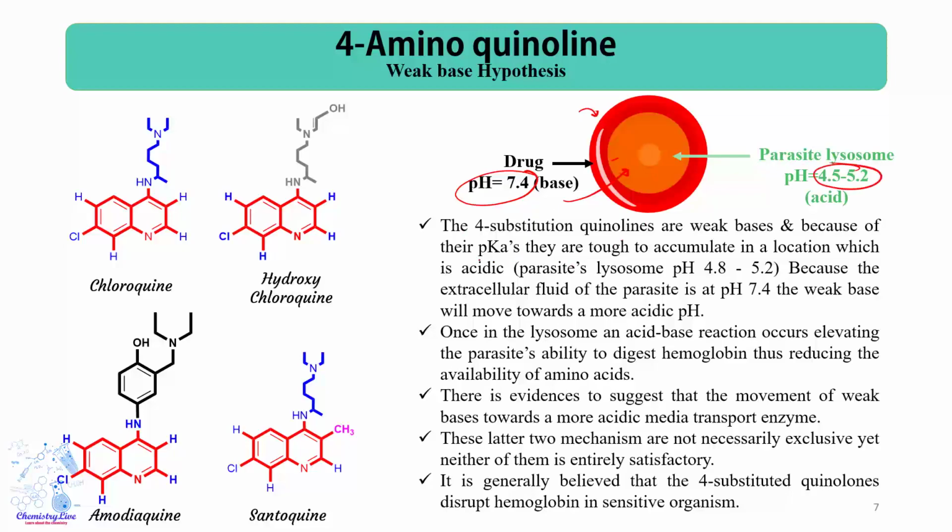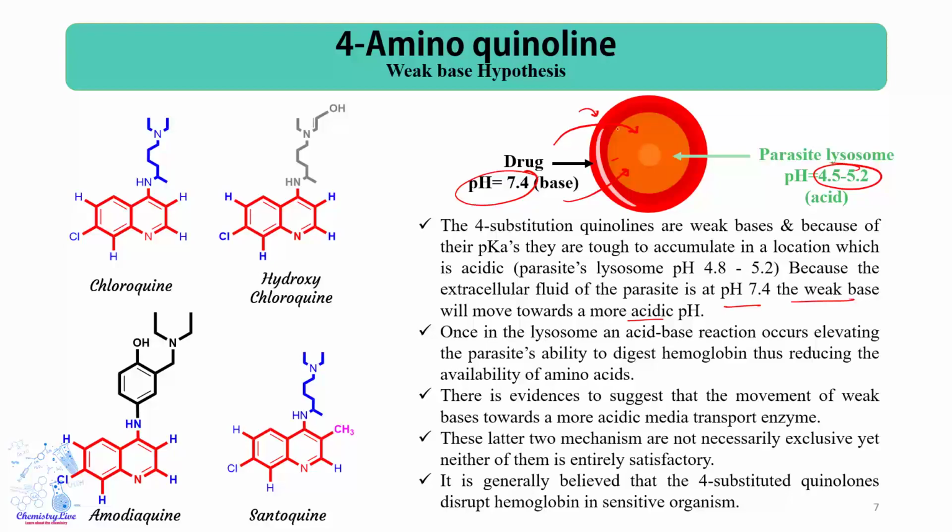The 4-substituted quinolines are weak bases, and because of their pKa, they tend to accumulate in a location which is acidic. The extracellular fluid of the parasite is at pH 7.4, and the weak base will move towards the more acidic pH. So it starts to move inside the parasite lysosome.